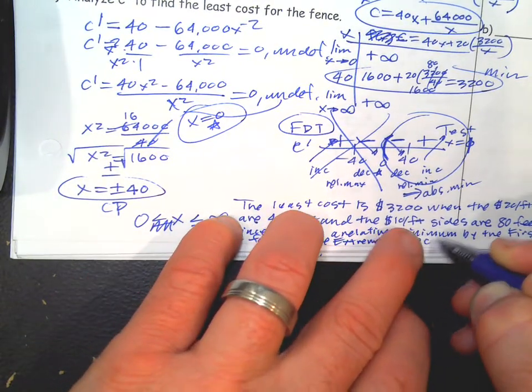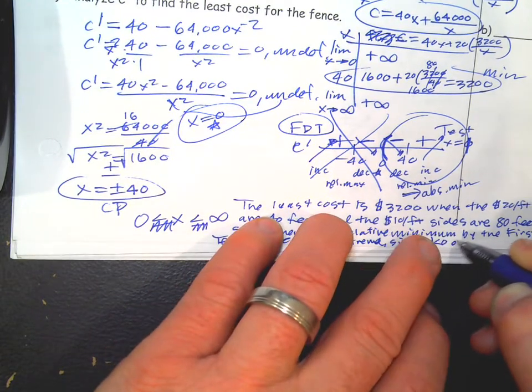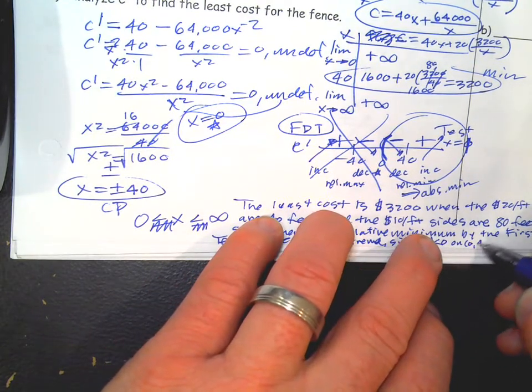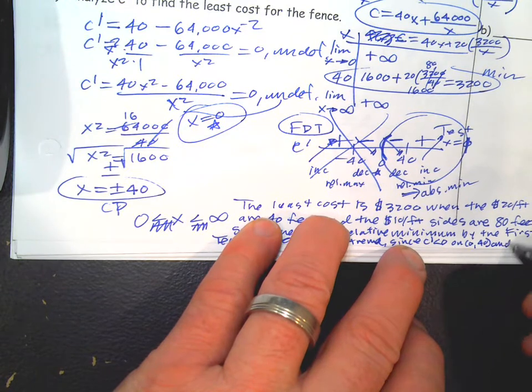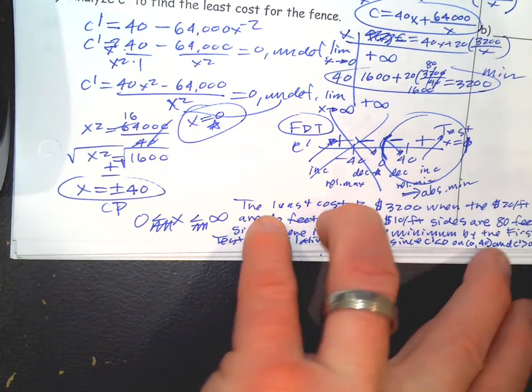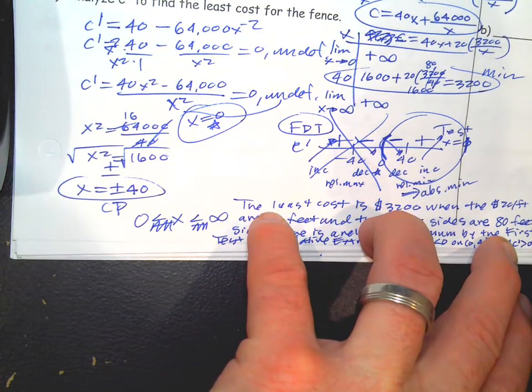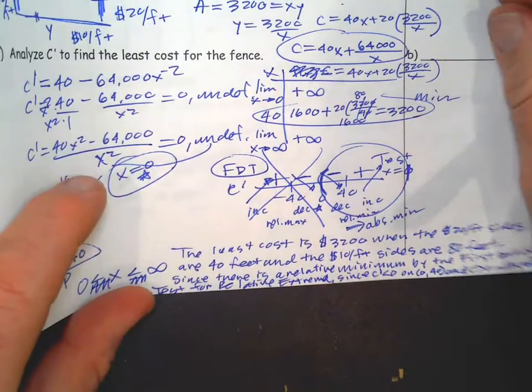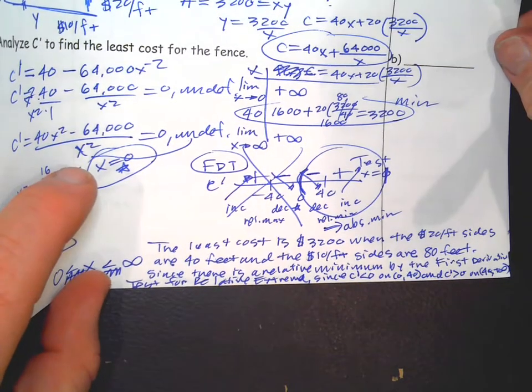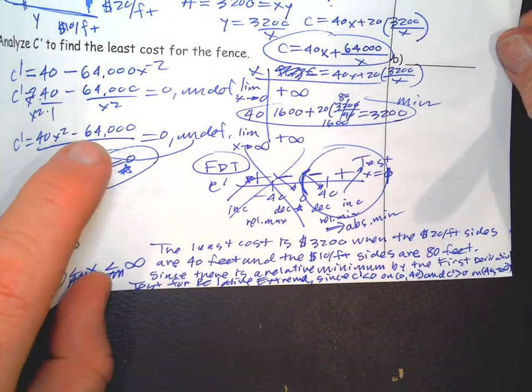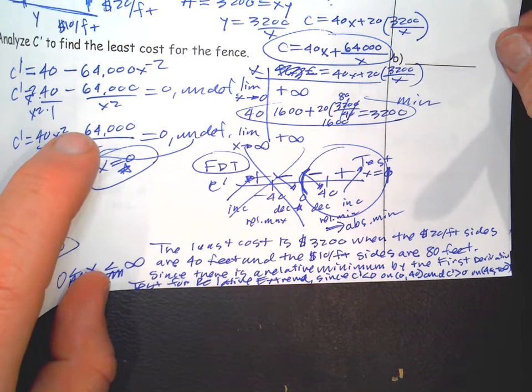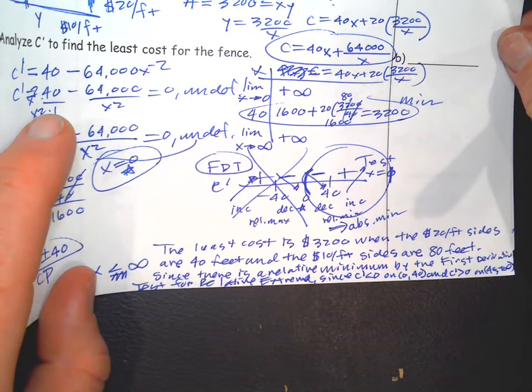Since c prime is negative on the interval 0 to 40, and c prime is positive on the interval 40 to positive infinity, that justifies the relative min. And then you've got to say, because it's the only relative extrema, it must also be an absolute min. I'm not going to write that, but you can write that. It's the same thing I've written before.